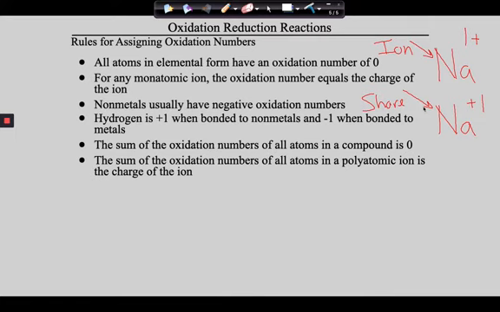But then we get to point number 2, and what it basically says is the oxidation number, which is this one, is the same as the charge, this one. So rule number 2 is basically saying we've been writing 1 plus or plus 1, and we've been using those interchangeably. Rule number 2 says they are in fact interchangeable.